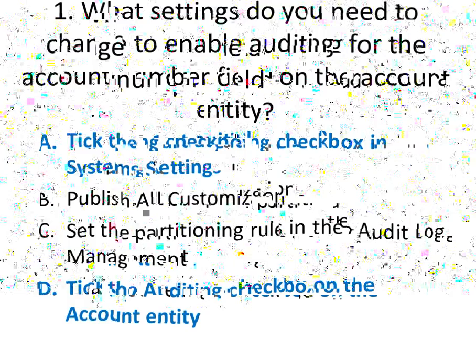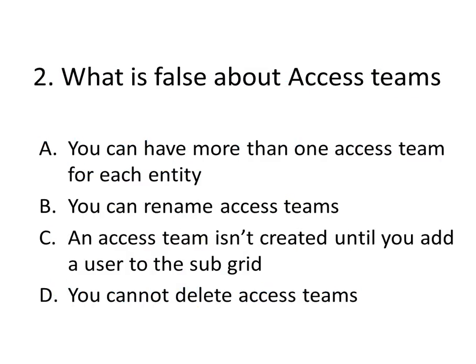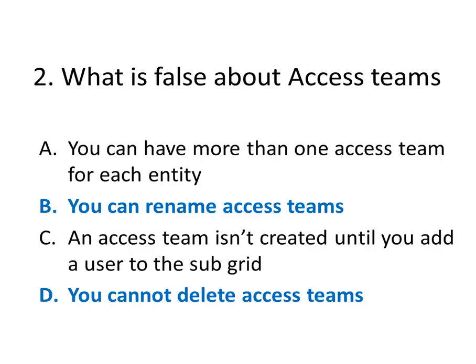2. What is false about access teams? You can have more than one access team for each entity. You can rename access teams. An access team isn't created until you add a user to the subgrid. You cannot delete access teams. So the answer is you can rename access teams.